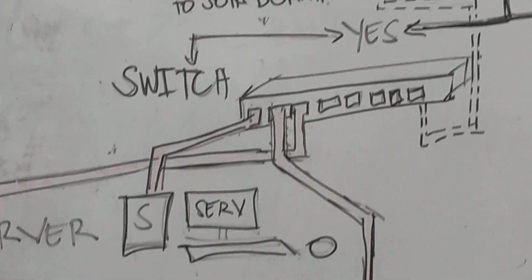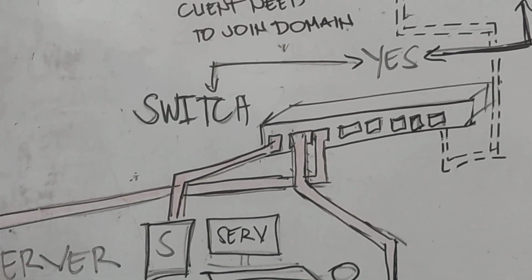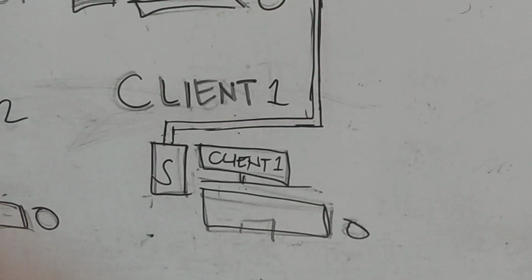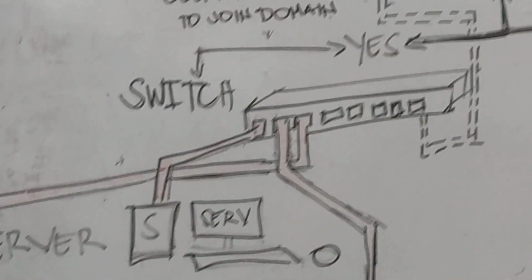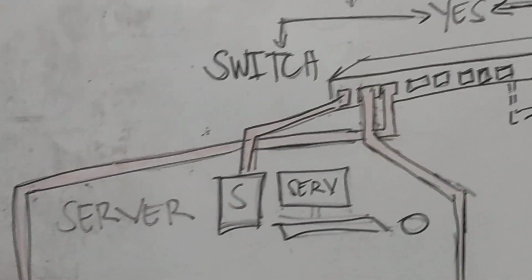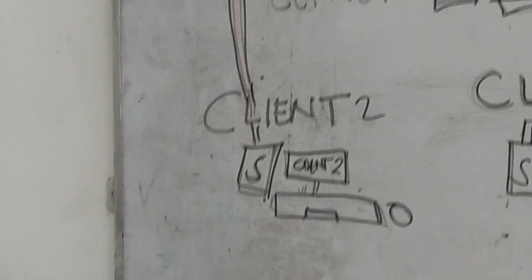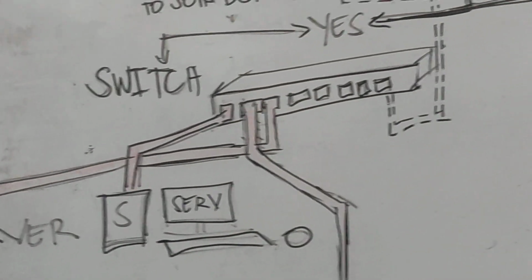When it comes to our server, it only takes 1, and for our client 1 and client 2, it will also take 1 and 1, going to this client 2 and going to this client.